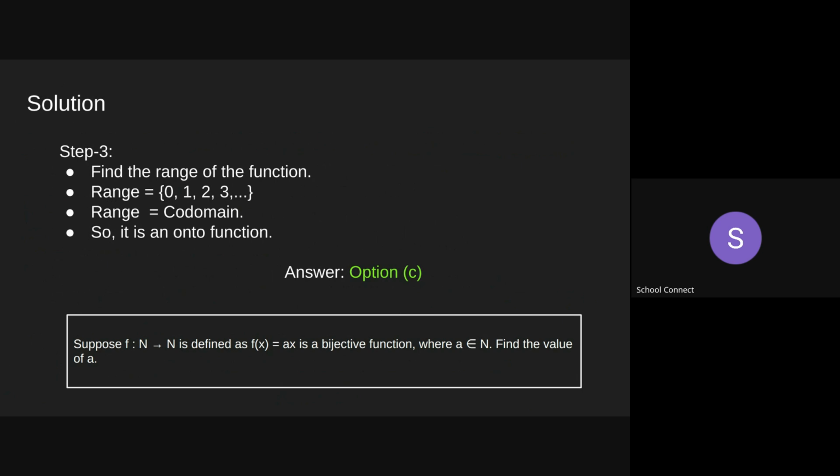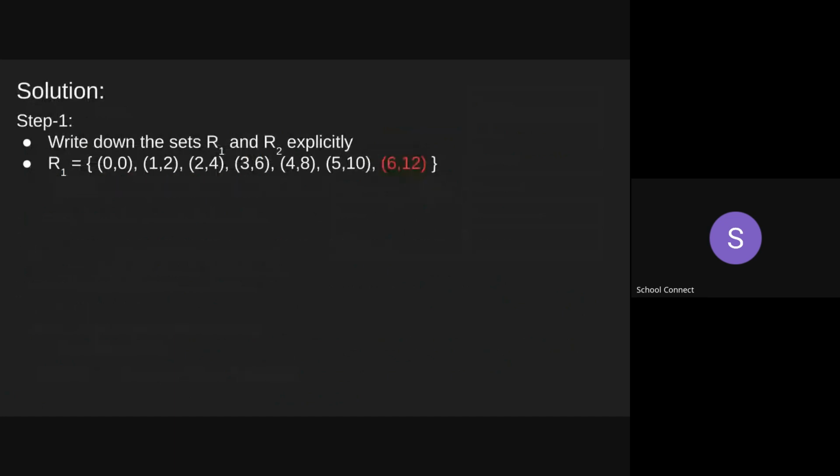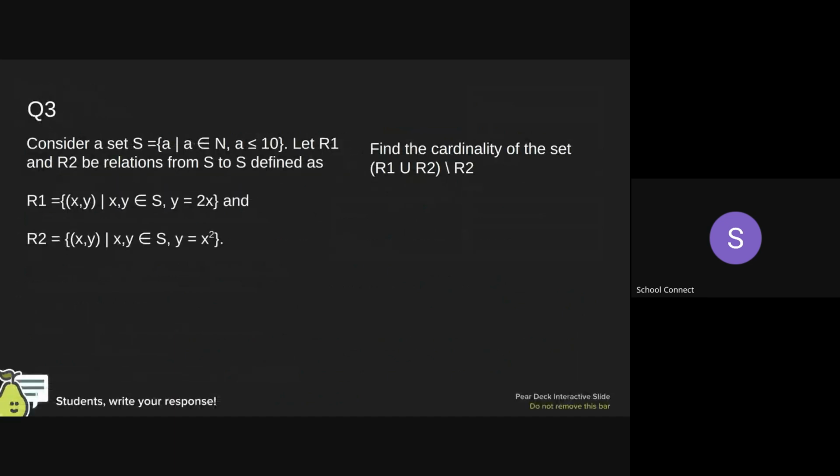Now you have to find the value of a. I suggest you note this down so that I can move to the previous question. So f of x is equal to ax is a bijective function. Find the value of a. People who have solved this, try solving that. But people who are solving, we have only 1 more minute left.